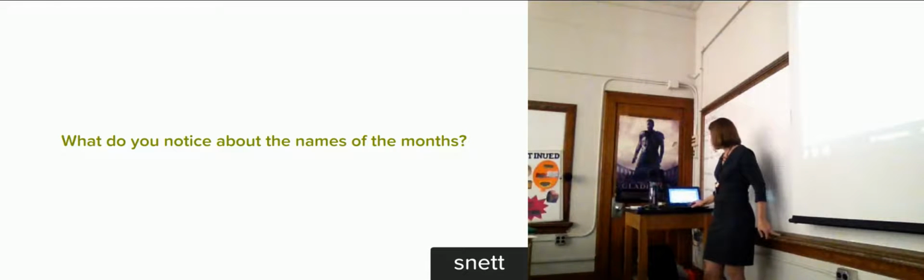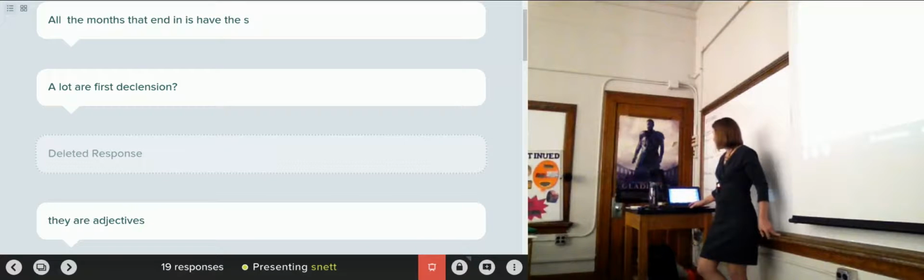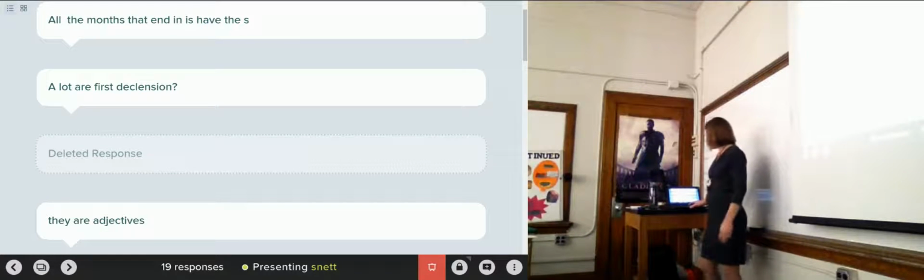All right, let's see. Okay. They are adjectives. There you go. That's what we were looking for. They are certainly adjectives. They do have masculine, but they also have first declension endings.